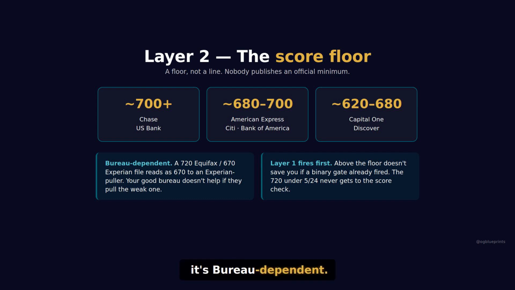First, it's bureau dependent. Chase tends to pull Experian. So if your Equifax is 720, but your Experian reads 670, Chase is evaluating a 670 file. Same person, 2 bureaus, 2 different score floors in play. Your good bureau doesn't help if the bank's pulling your weaker one.